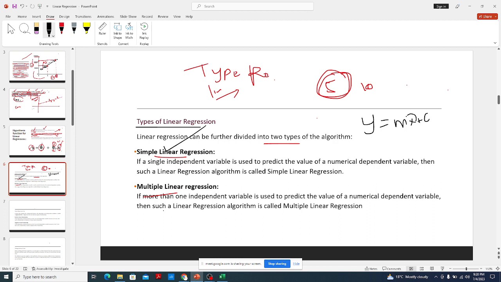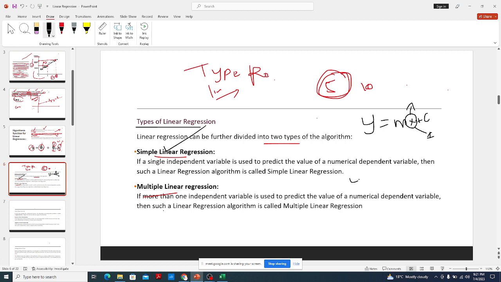You can see we only have one independent variable. But for multiple linear regression, we have more than one independent variable.